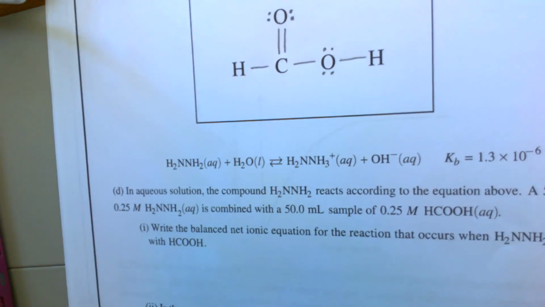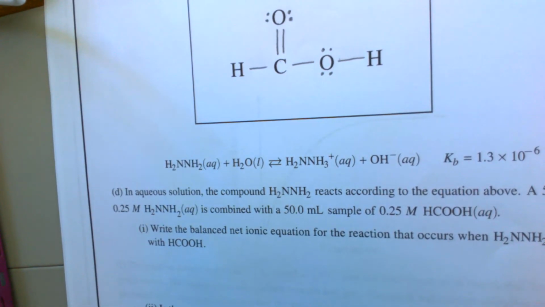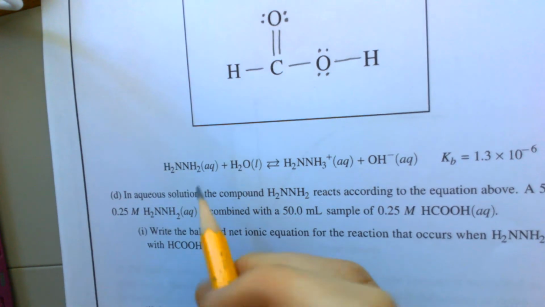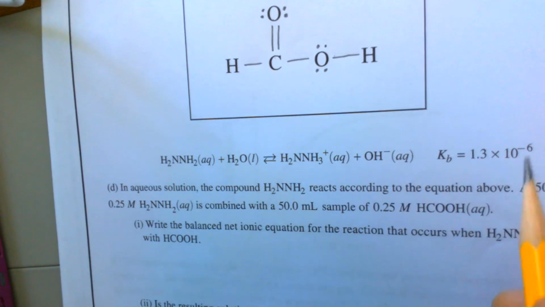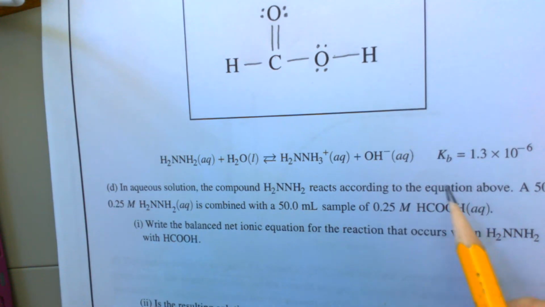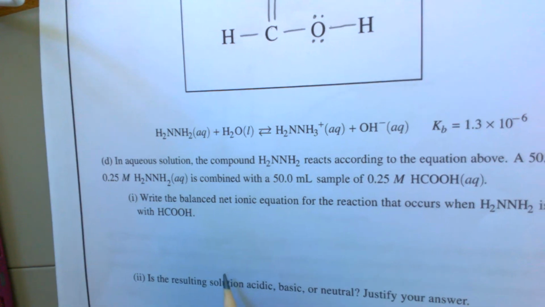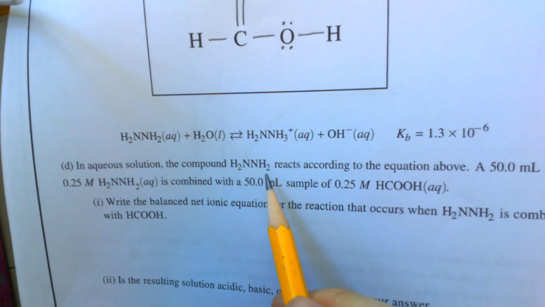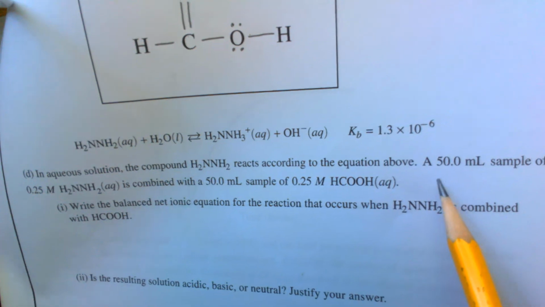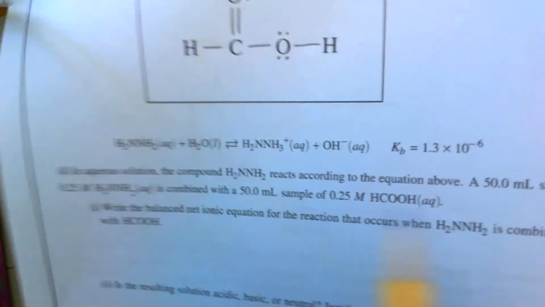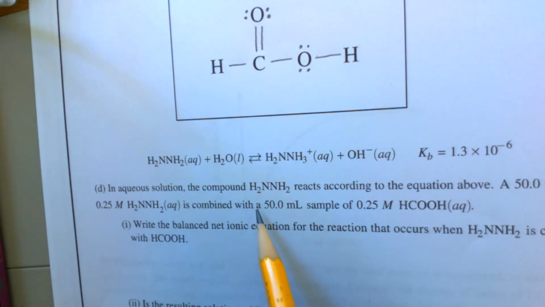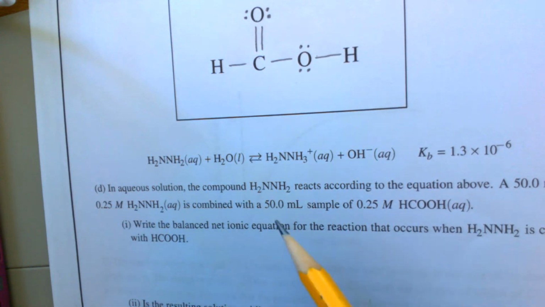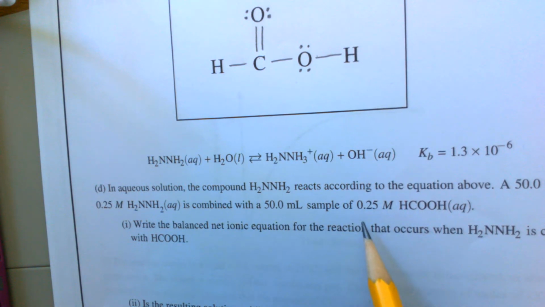Part D, we have another chemical equation. It's the ionization of hydrazine, H2NNH2. And since hydrazine is a base, we have a Kb value for this equation. It says H2NNH2 reacts according to the equation above, and we have a 40 milliliter sample of 0.05 moles per liter of H2NNH2 combined with a 50 milliliter sample of 0.25 moles per liter of HCOOH.